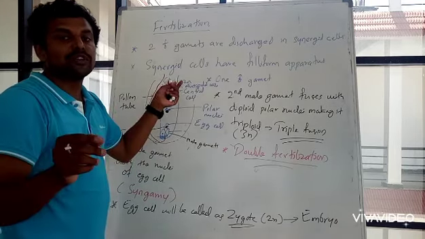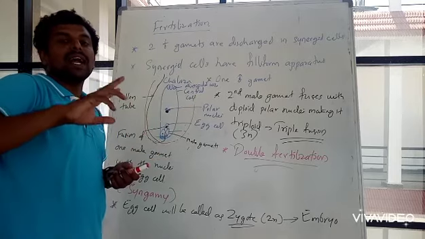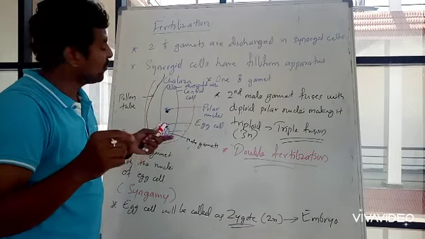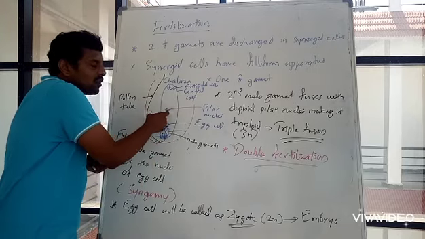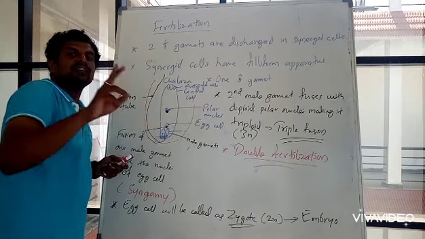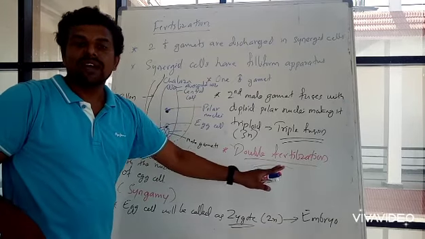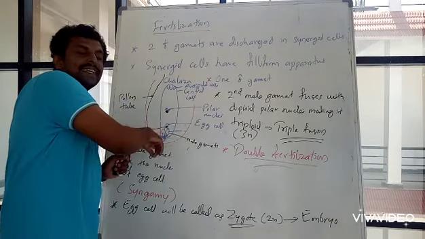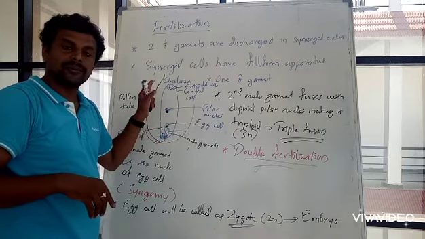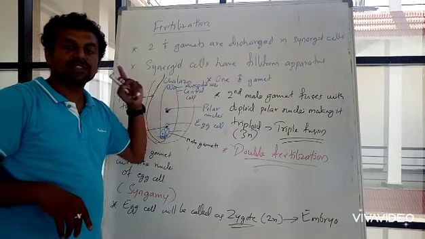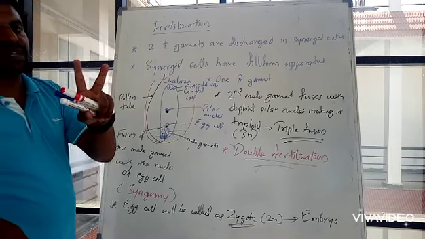One will go and fuse with the egg cell nucleus, and that is called syngamy. The other male gamete fuses with the diploid polar nuclei. This kind of fusion, two kinds of fusions, is known as double fertilization, which occurs in a single large central cell, which is known as the embryo sac cell. In the embryo sac, two kinds of fusions take place.